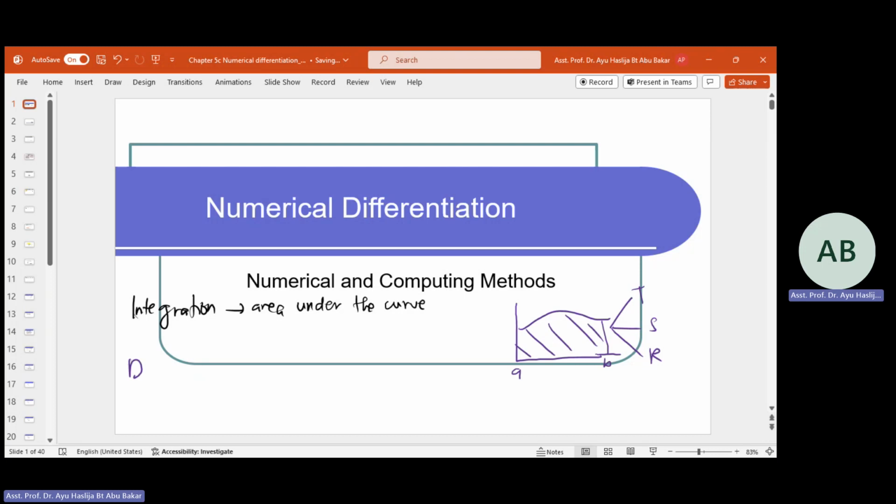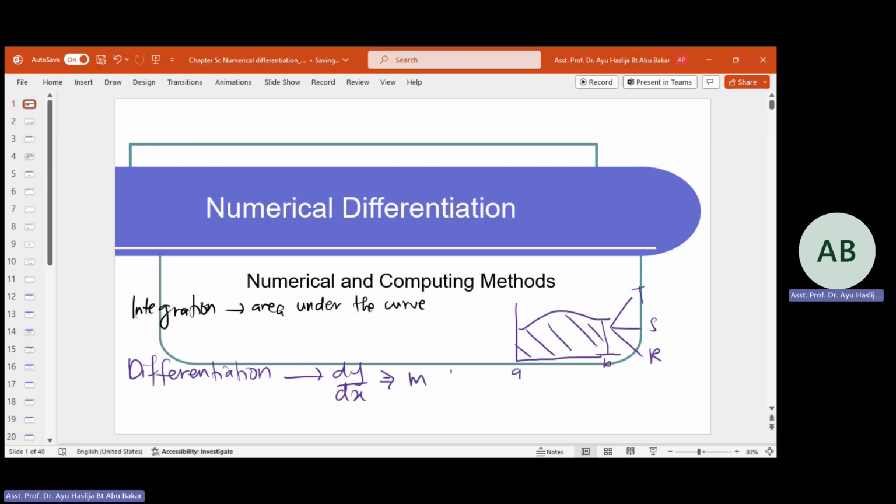Whereas differentiation, this one we had touched earlier in the Taylor series polynomial. Okay, differentiation basically is dy/dx, where this is equal to m, the slope.